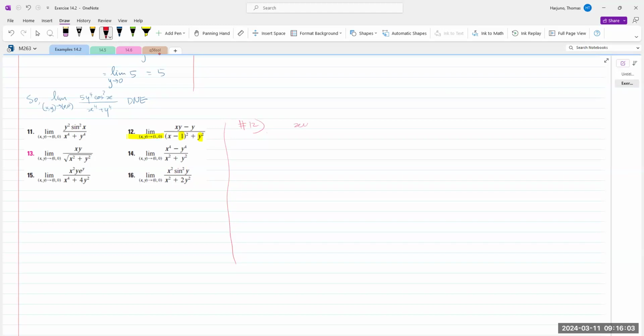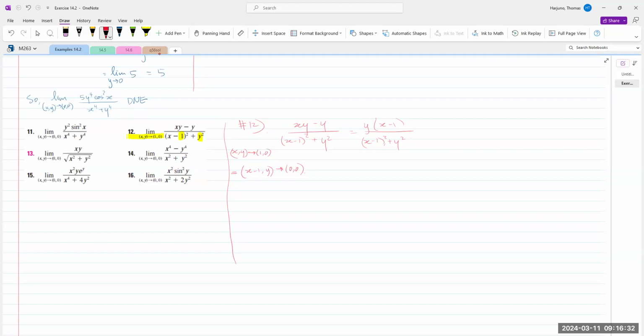So xy minus y over (x minus 1) squared plus y squared. This is y times (x minus 1) over (x minus 1) squared plus y squared. This is under the situation of (x, y) going to (1, 0), which is also the same as saying (x minus 1, y) approaching (0, 0).